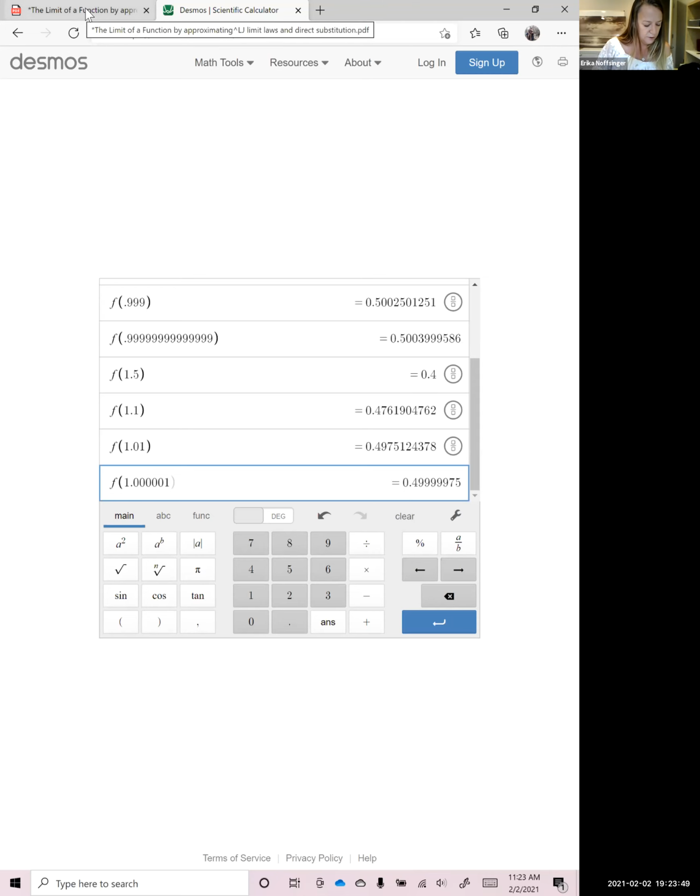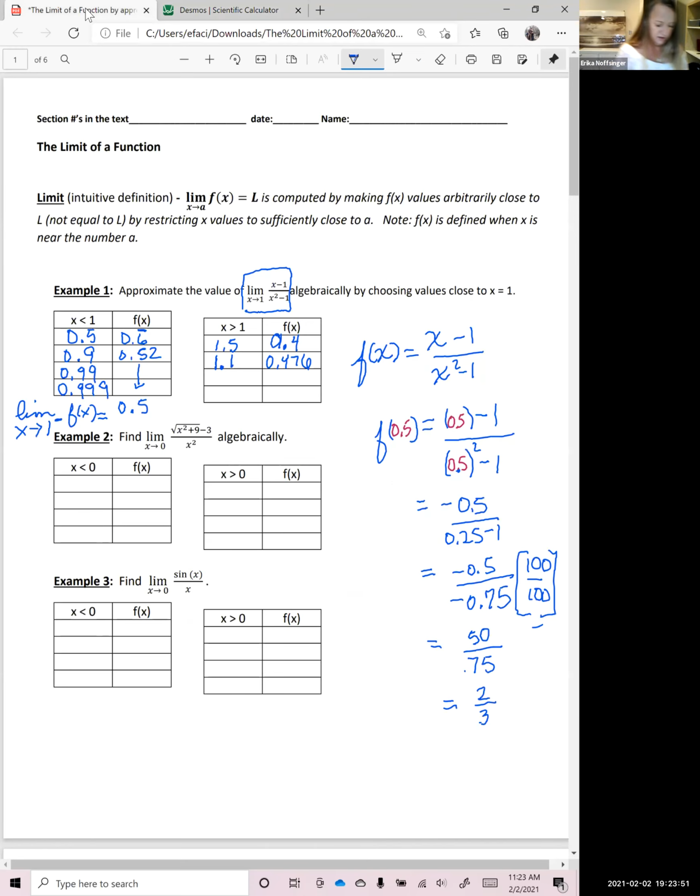So if I go back in here, as we did 1.01, 1.0001, we saw that the limit as x approaches 1 from the right of f of x is equal to 1/2.